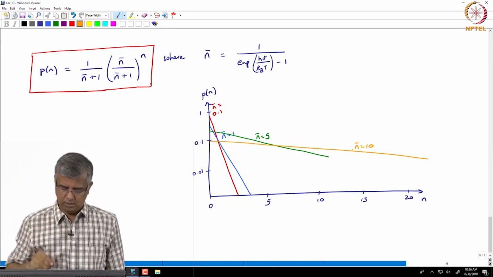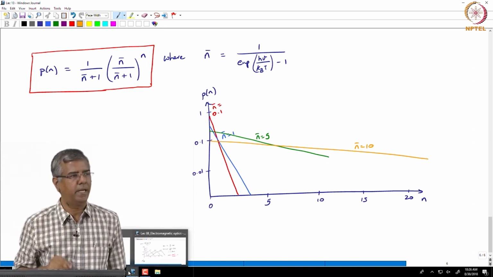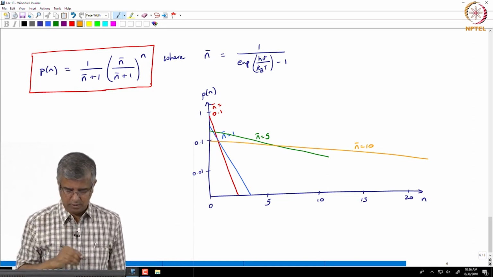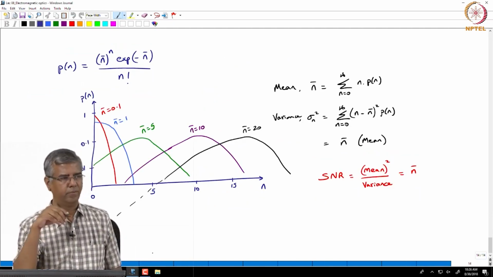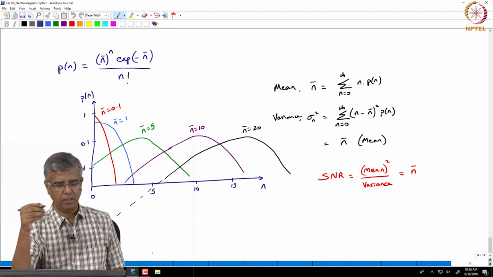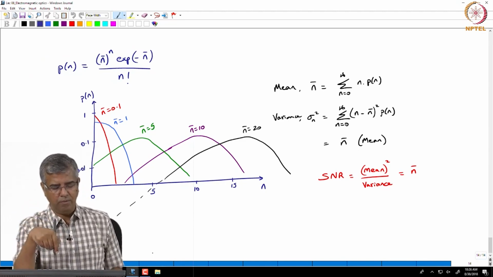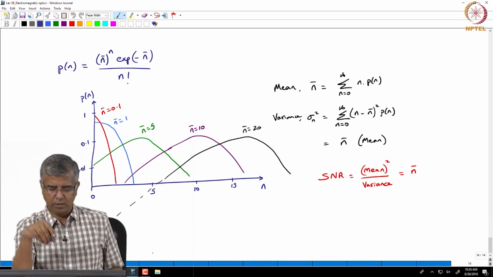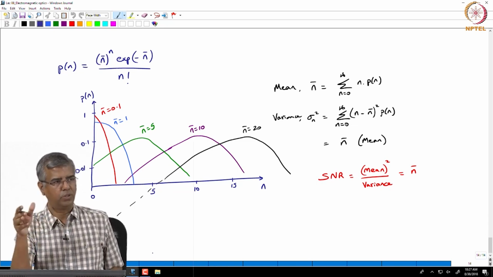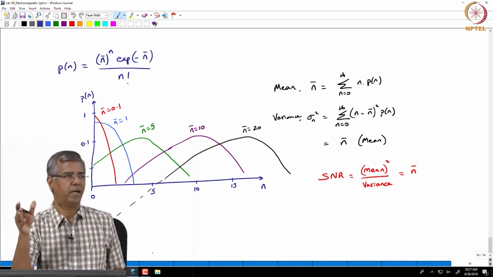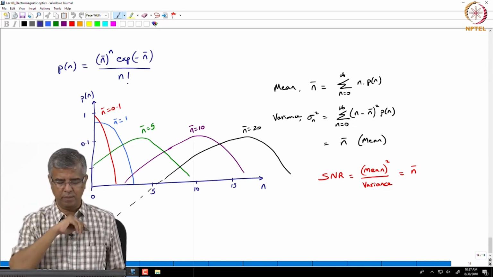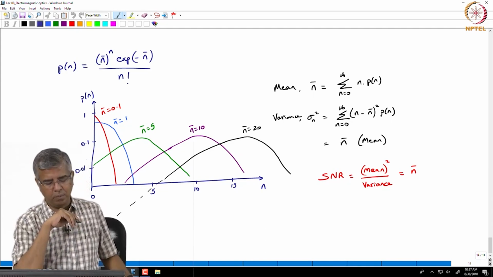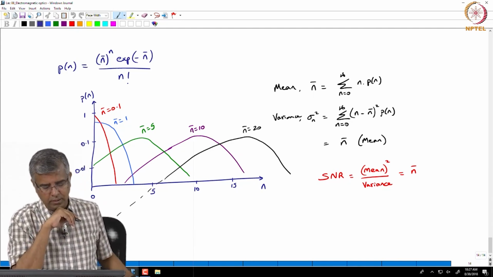As far as your normal light sources are concerned, and when I say normal light sources, I am talking about what you have in the output of a laser, for example, you have these statistics which say that there is a finite probability outside of that n bar value. So if 10 is my n bar here, the mean number of photons emitted is 10.